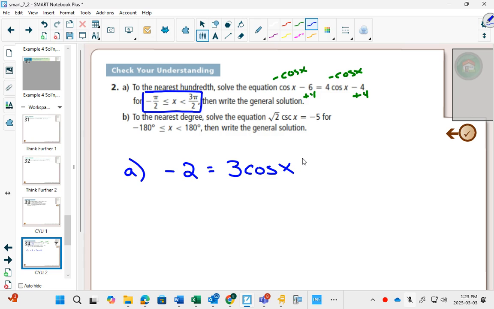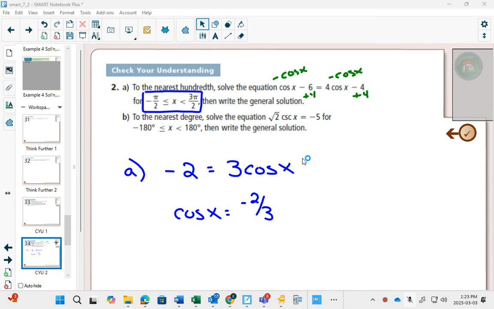If I wanted to get the cos x by itself, I would have to divide both sides by 3. Is 2/3 on your unit circle pie plate? No. So what we need to do is take out our calculator.